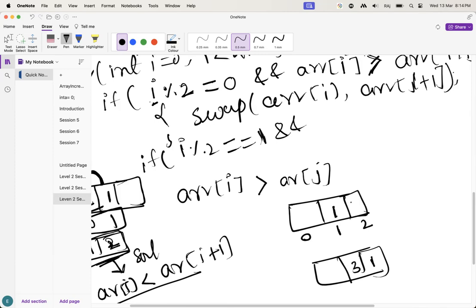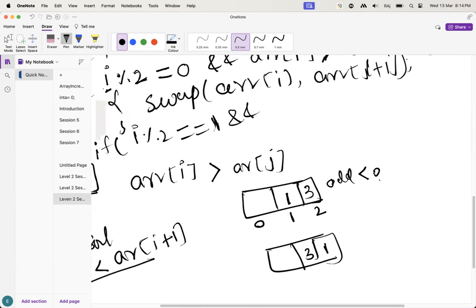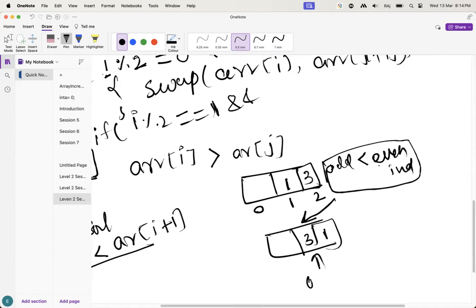But if the input is like this, where the odd index value is less than the next even index, that means it does not follow the criteria. So this is the actual criteria: the odd index value is supposed to be greater than the next even index.